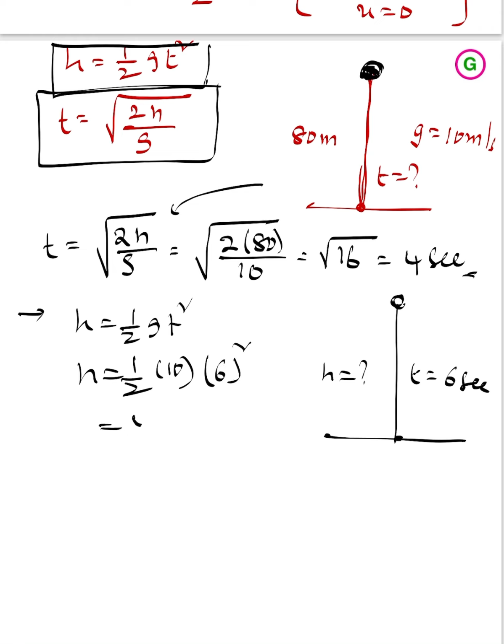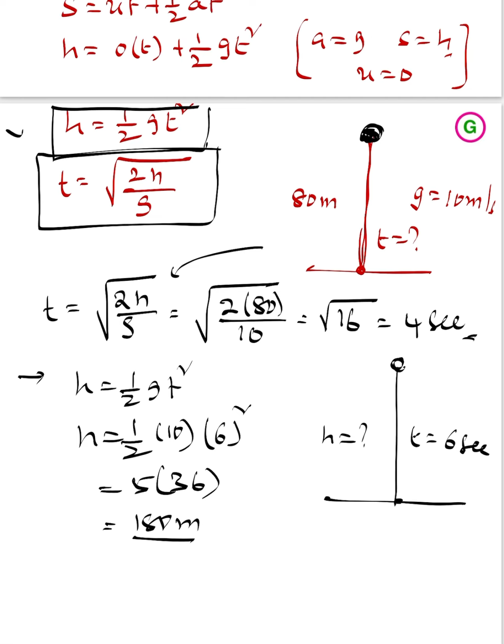So that means 5 into 36, which should be 180 meter. Like that, if the time is given you find the height, and if the height is given you find the time. These are the two important formulas for free fall bodies.